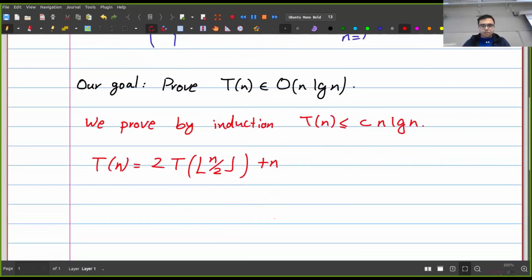But now, because floor of n over 2 is smaller than n, I can just use the induction hypothesis, and I can say this is less than or equal to 2, and then I have c, and then T of n over 2 is less than c n over 2 log of n over 2. So this is basically what I have.